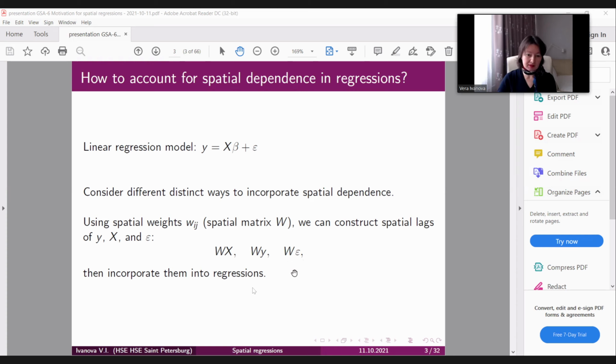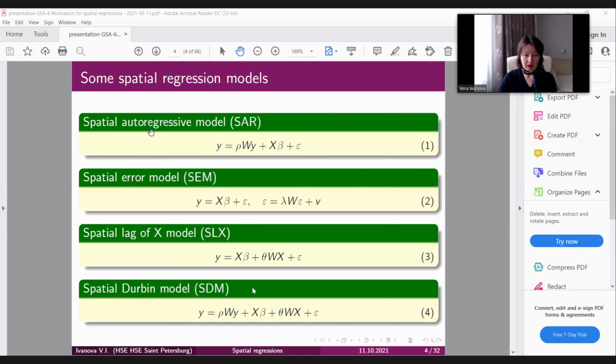Let's consider several different types of spatial regressions. For example, if we include the spatial lag of a dependent variable, Wy, we can include this term with the coefficient, which is rho, to this equation, and we get this new model. This model is called spatial autoregressive model.